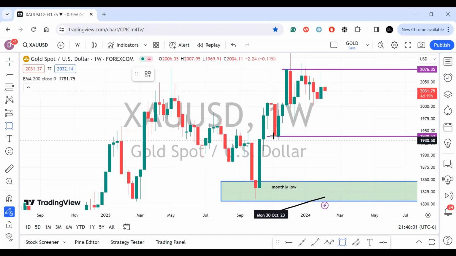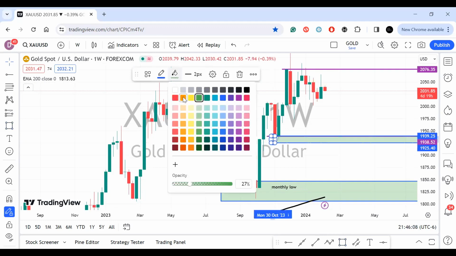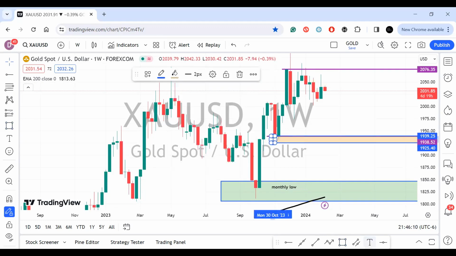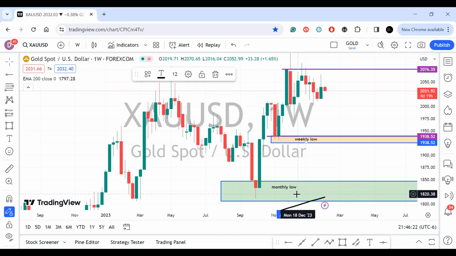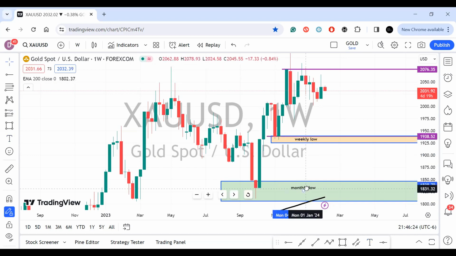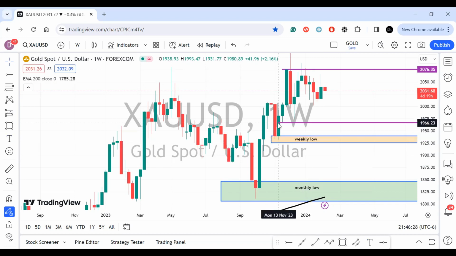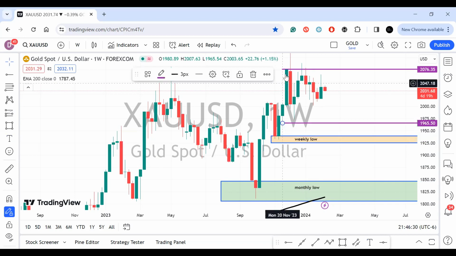So for our weekly low, I will name it weekly low. This is going to be a weekly low. So I'm going to go to the next lower time frame, which is the daily.